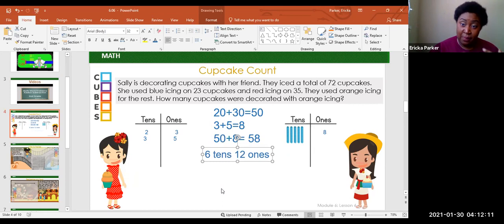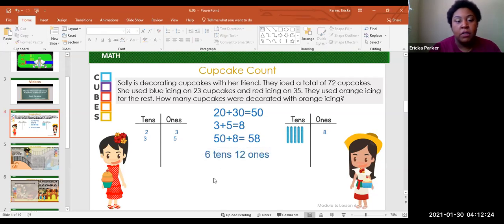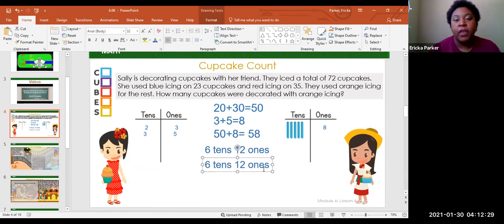Now, if we're looking at this expanded form, the way we did it for adding the red and the blue cupcakes together, let's go ahead. Let me copy this. All right. So let's see here. We got 6 10s equal what? 60. 60 minus how many 10s are in 35? 3. 3 10s is how much? 30.